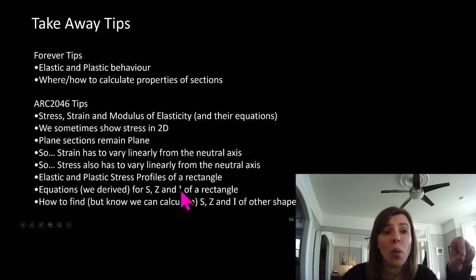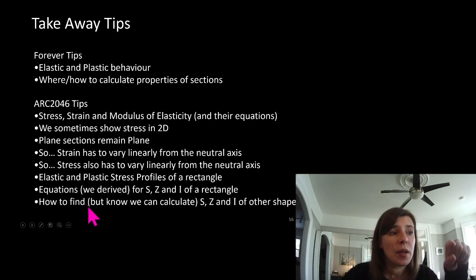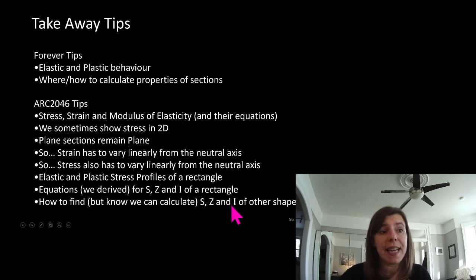And you should know BD cubed divided by 12. You should know how to find, but we could also calculate it, S, Z, and I for any other shape. So those ones I just said are just for a rectangle. We need to know how to look up and find S, Z, and I for any other shape.